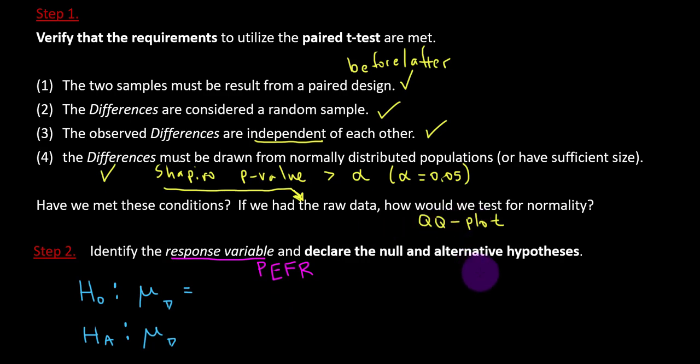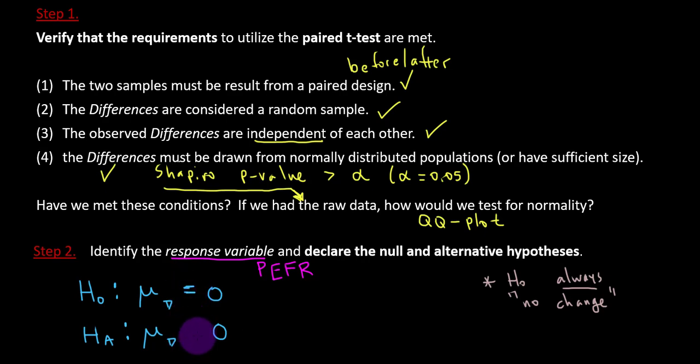H0 is always a statement about no change or no effect. And what value represents no change? 0. So the paired t-test always has a 0 right here. Equals, always, for the null.